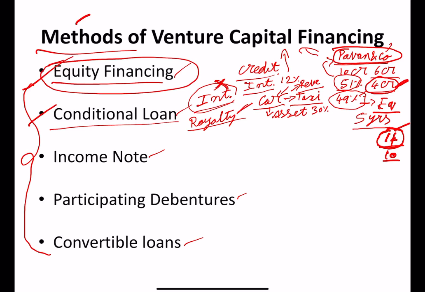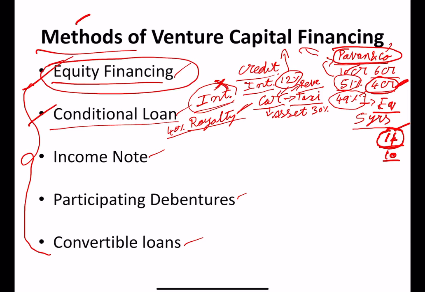Under this conditional loan, venture capitalists provide a certain amount. For example, I need 10 crores. 10 crores will be provided to me by venture capitalists. Instead of this interest of 12%, they expect a royalty, which is 40%, and I should pay this royalty from my revenue.